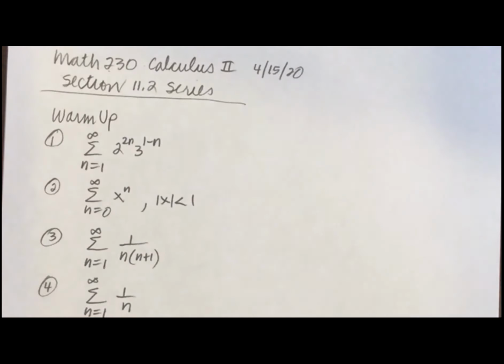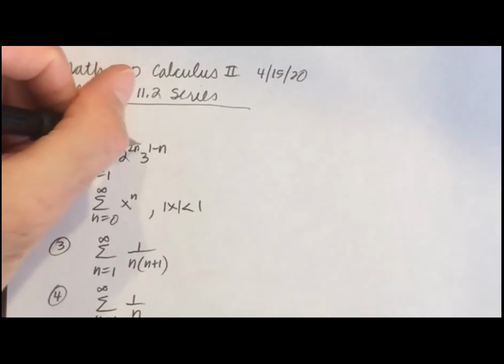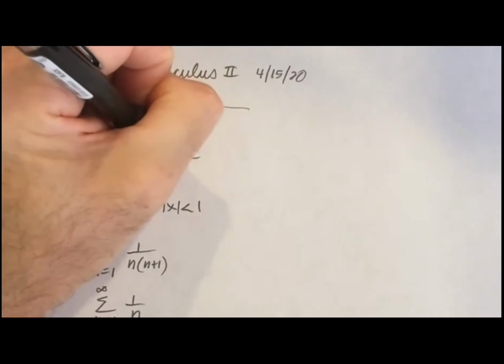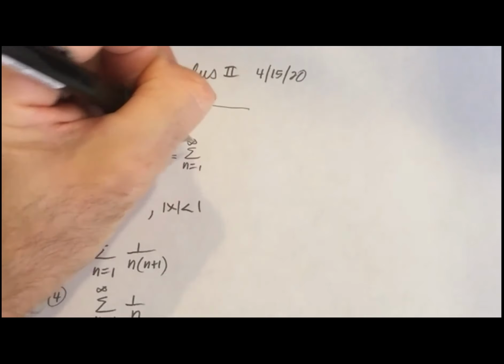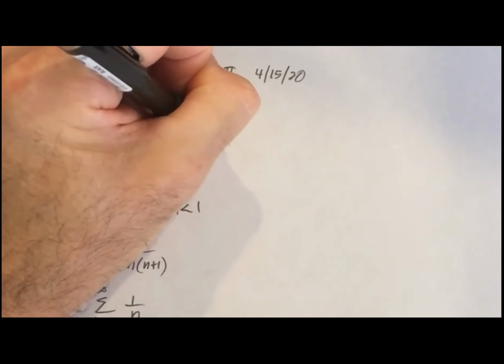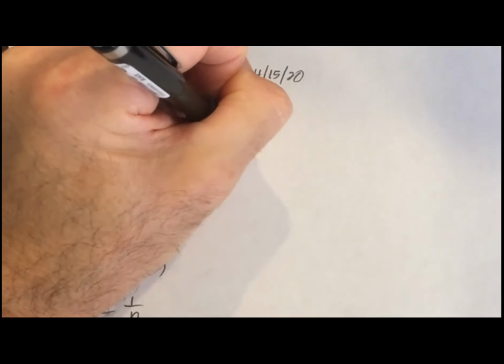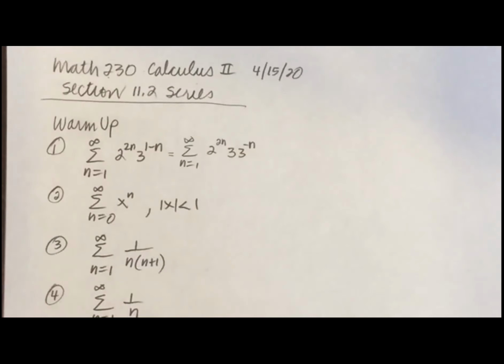All right, well, how about we start with this? How about we just pull this part apart and we say, this is the sum, n equals 1 to infinity, of 2 to the 2n times 3 to the minus n. Because of course, when you multiply with the same base, you add the exponents.